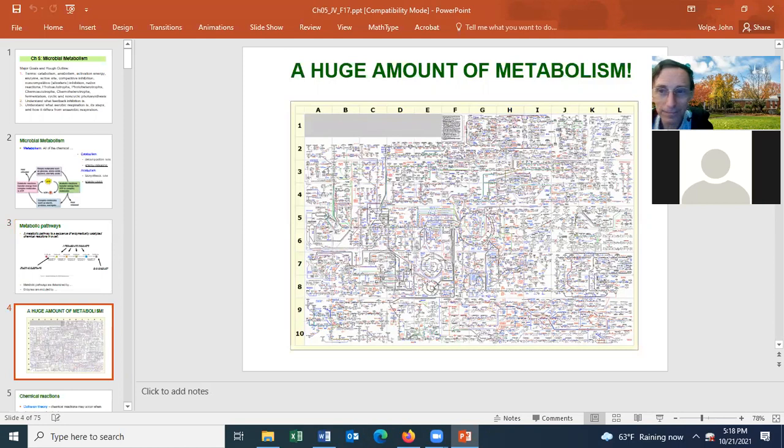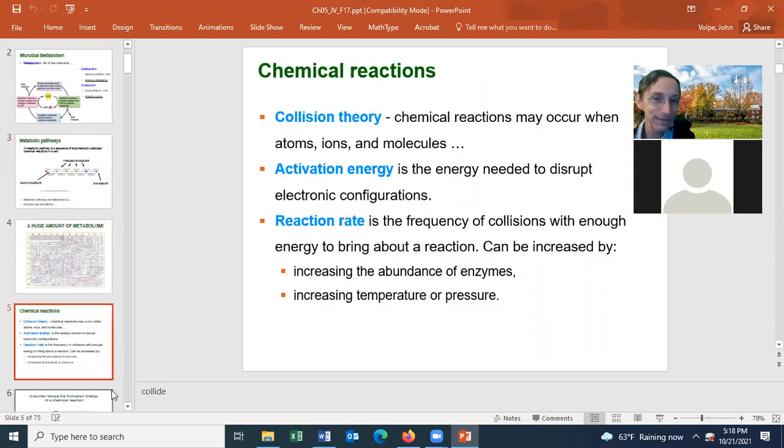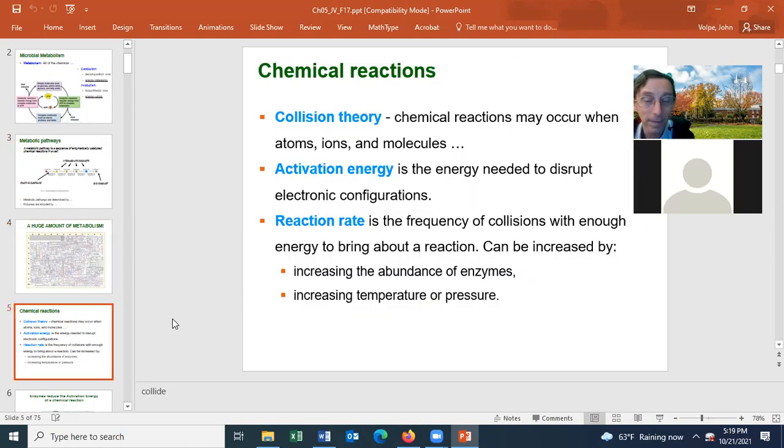Any questions? Just kidding. You don't need to know all of those, but it's telling you that there's a lot of chemical reactions occurring within a typical cell. I think that right there is aerobic respiration, or at least the Krebs cycle of aerobic respiration. I'd have to blow it up to be certain, but it looks like it.